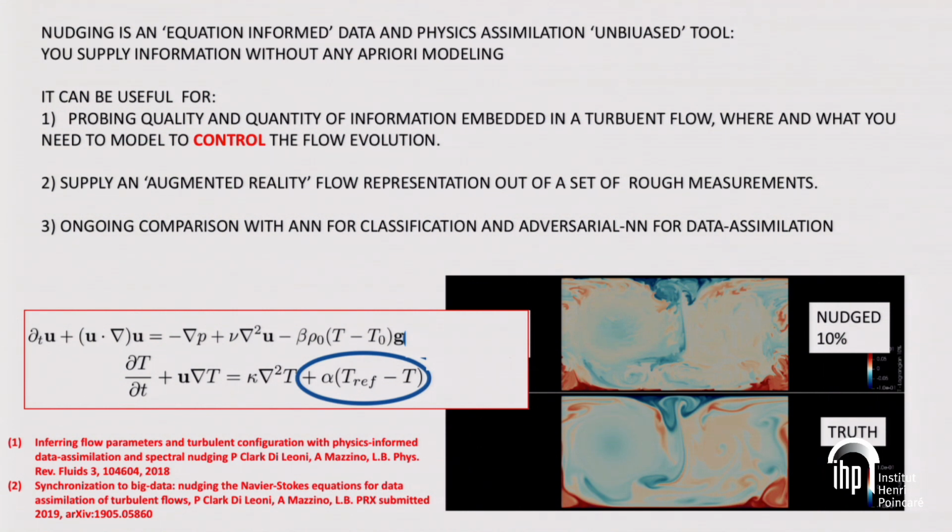But for instance, in this case, just to stress again that we don't use the forcing, in the reconstructed flow we do not supply the temperature on the boundaries. So the information comes only through the temperature measured by the probes in the flow. While, of course, in the truth, there is temperature on the boundaries, because otherwise the flow does not start.